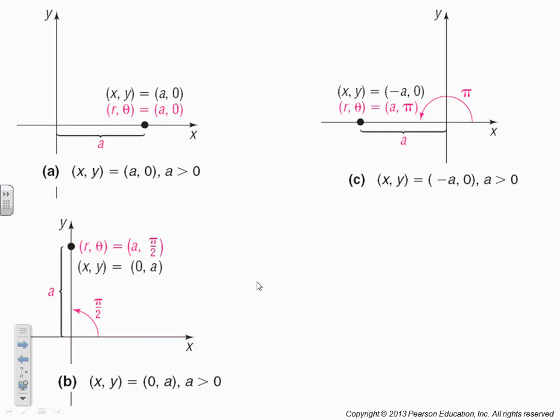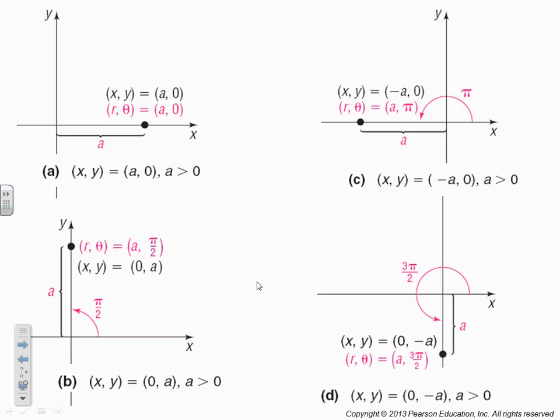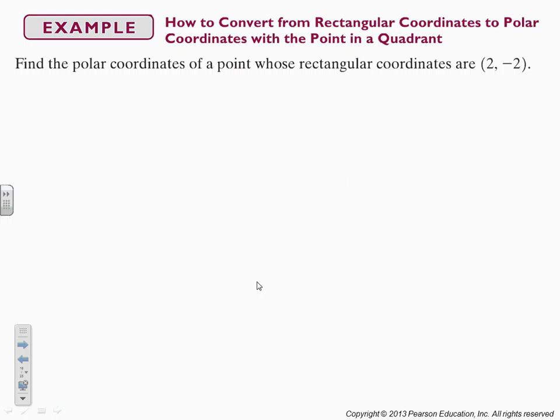If x comma y is negative a comma 0, so it's out at 180 degrees, then r theta is a comma pi. And lastly, if we're at 270 or 3 pi over 2, x comma y is 0 comma negative a, and r theta would be a comma 3 pi over 2. You don't have to write these down because you can use your logic to come up with these every time. Okay, so let's find out what the polar coordinates are when we have 2 comma negative 2.